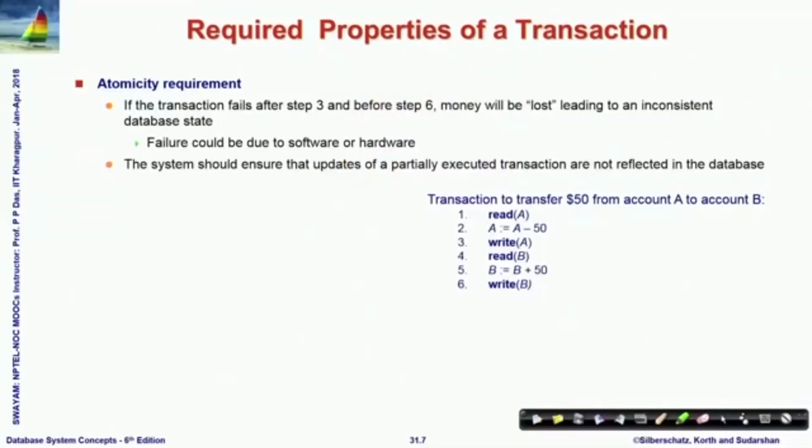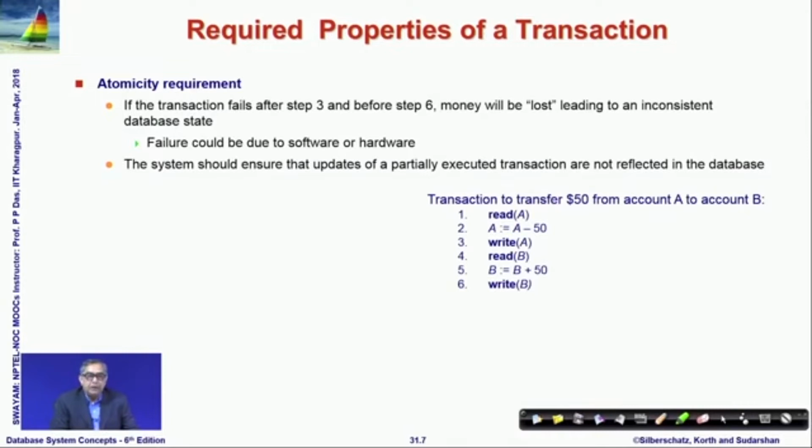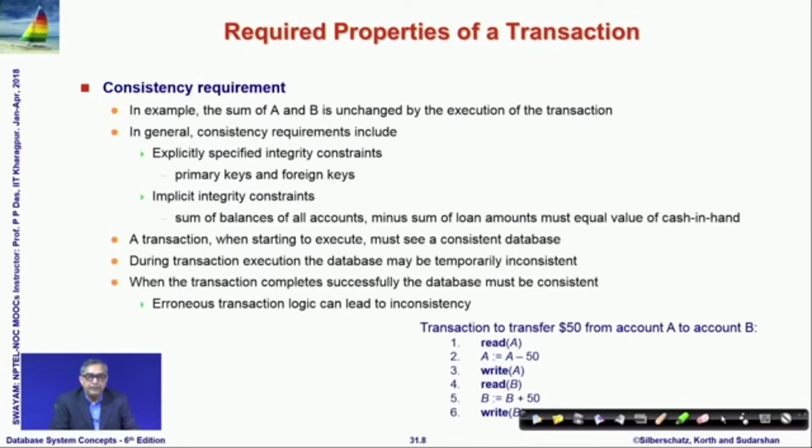So, the basic requirement is that once a transaction starts, it should either completely happen, it should either do all the 6 instructions as in this case, or it should do nothing. So, there is an all or none kind of requirement. It is like, transactions in a way are indivisible or atomic, and this is the atomicity requirement.